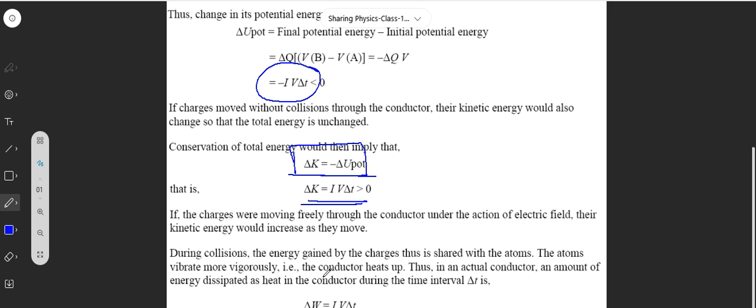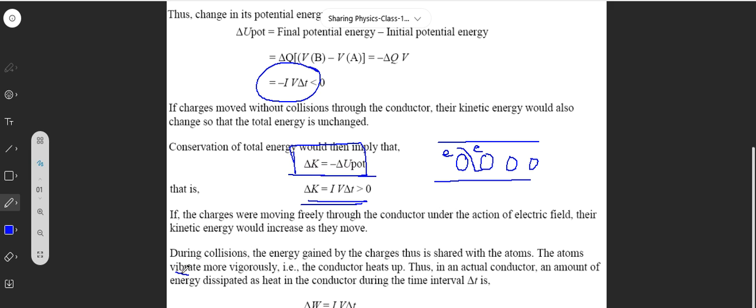During the collision, the energy gained by the charges is shared with the atoms. When the electrons move randomly here and there around the positive nucleus, they collide with the atoms as well. As the atoms are bigger in size, they absorb a part, or nearly most, of the electrons' energy, at the positive ions at the center.